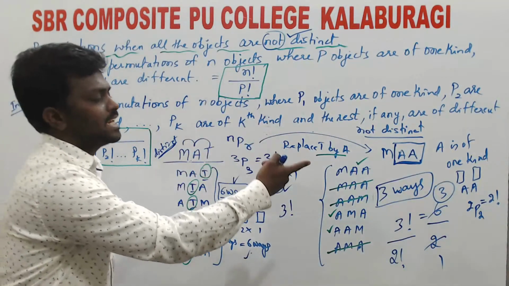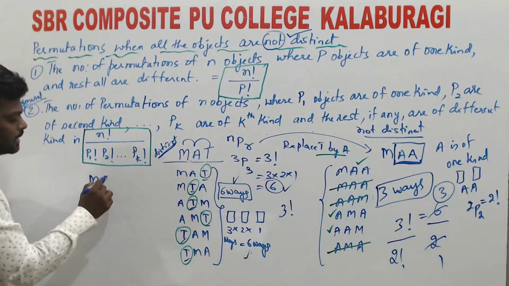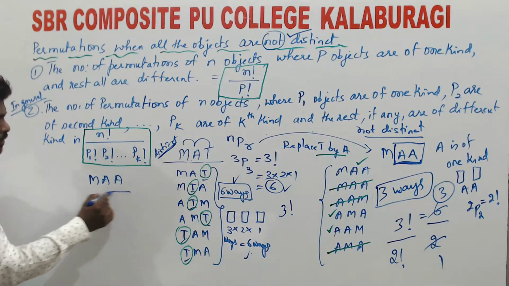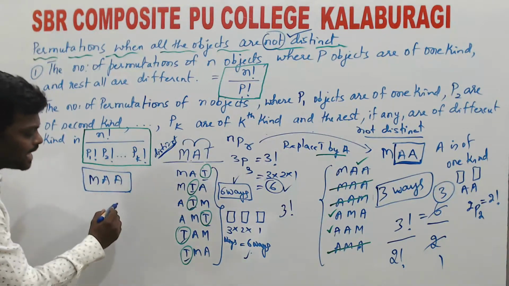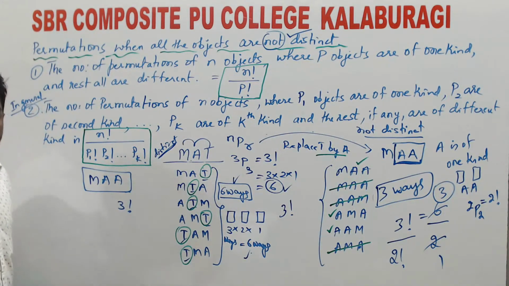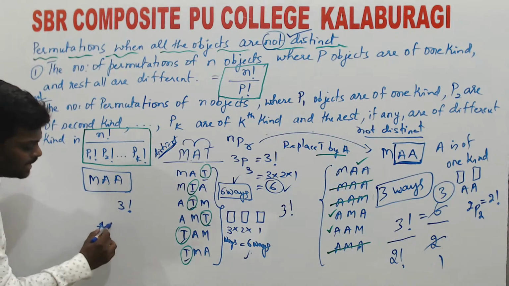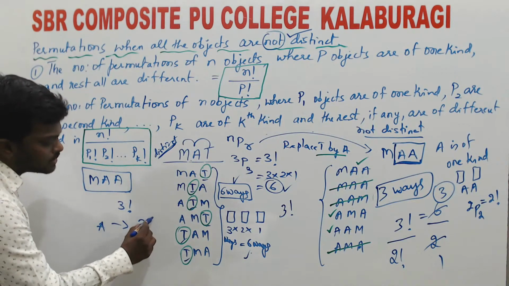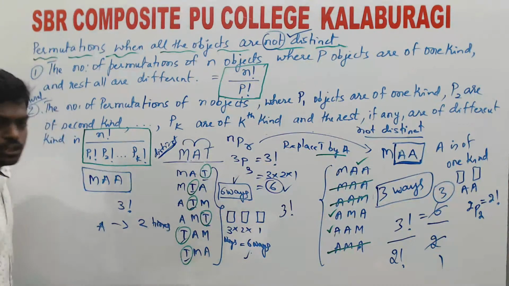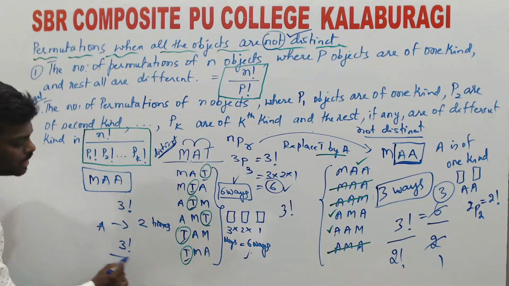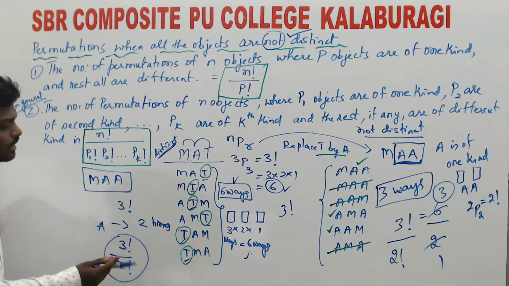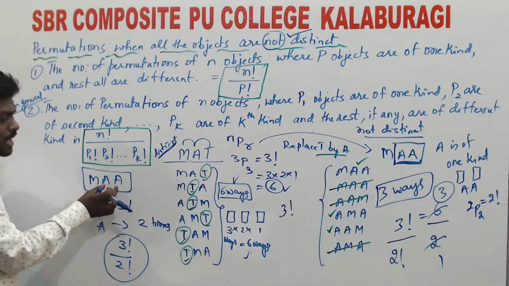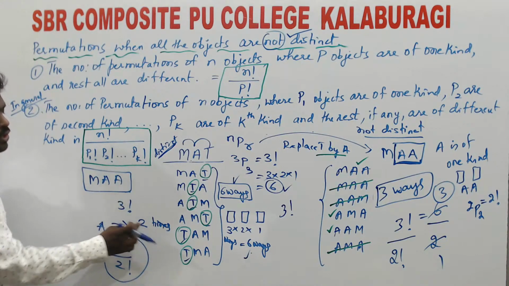If not distinct objects, first count how many letters there are: 3 letters, and they can be arranged in 3 factorial ways. But since A is appearing twice, divide by 2 factorial. This is how you solve it when a similar group occurs.